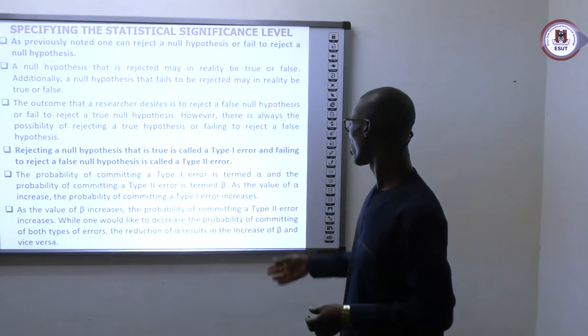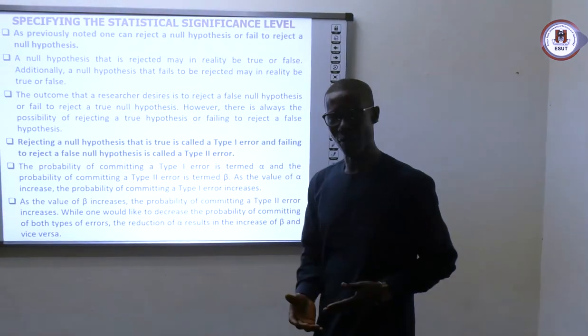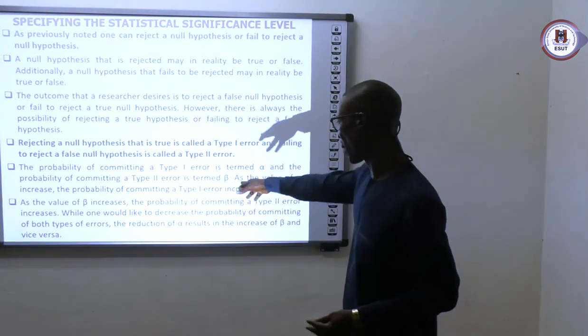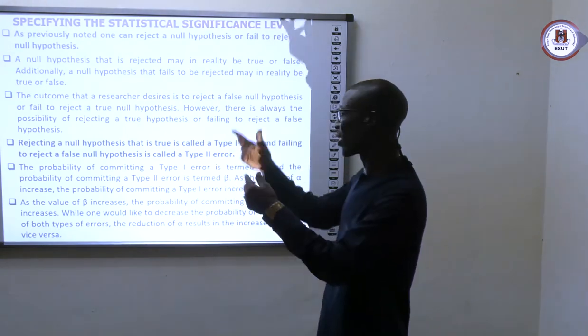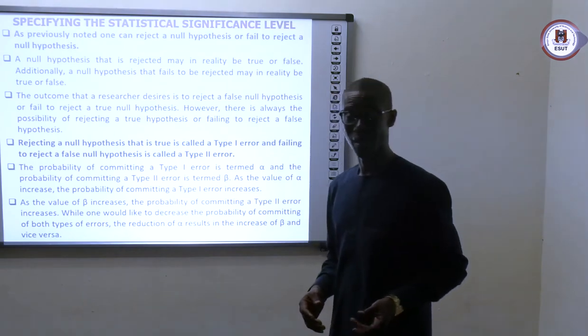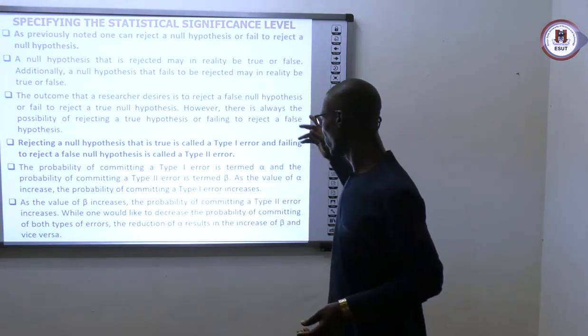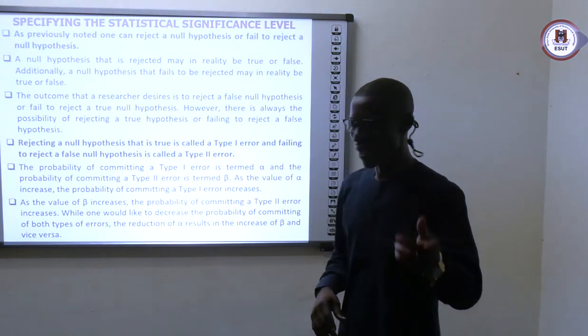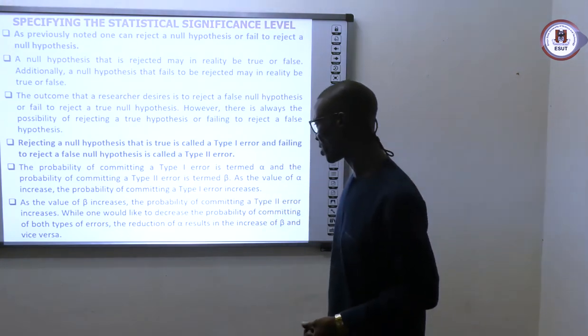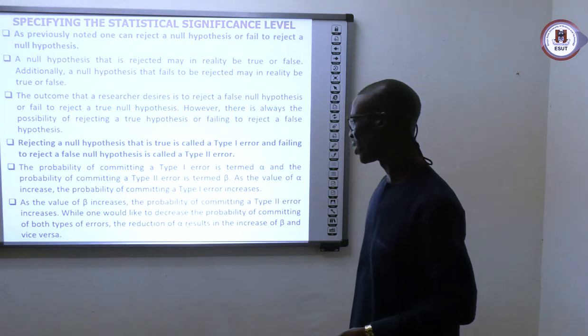Beta. So as the value of alpha increases, the probability of committing type 1 error also increases, because alpha represents type 1 error. Also, when the value of beta increases, it means that the probability of committing type 2 error will also increase.